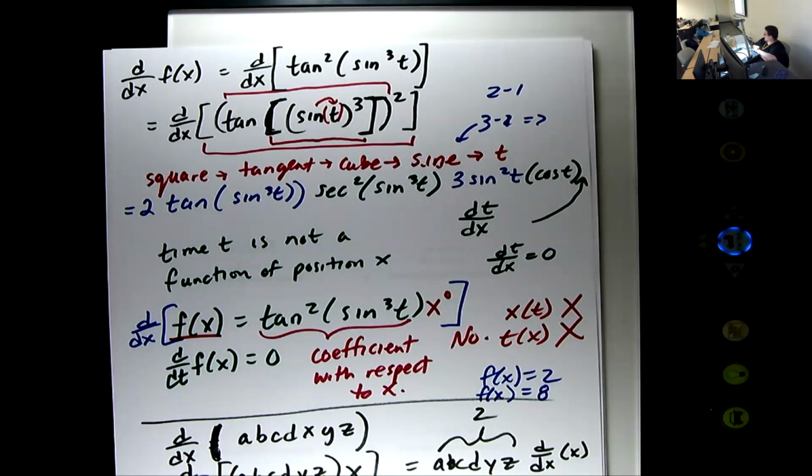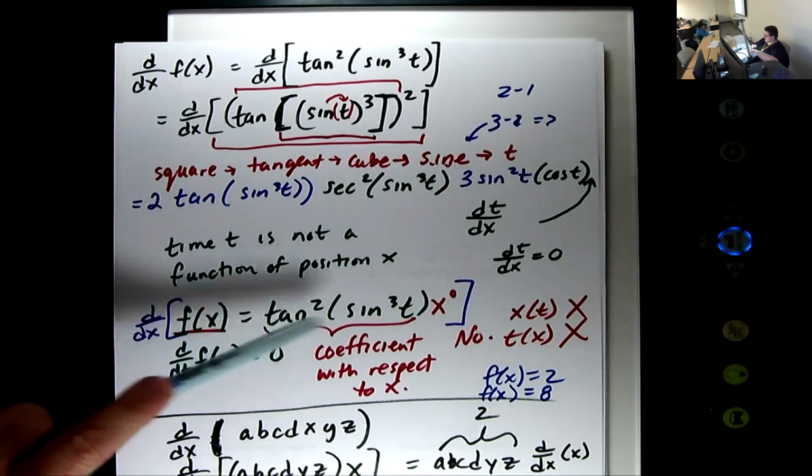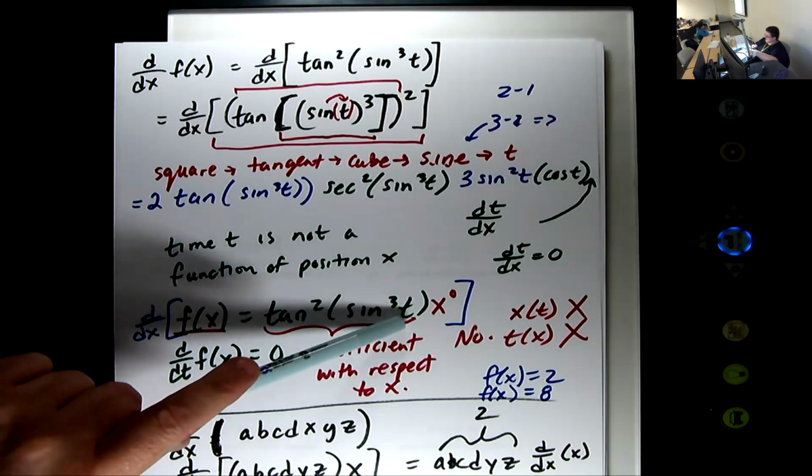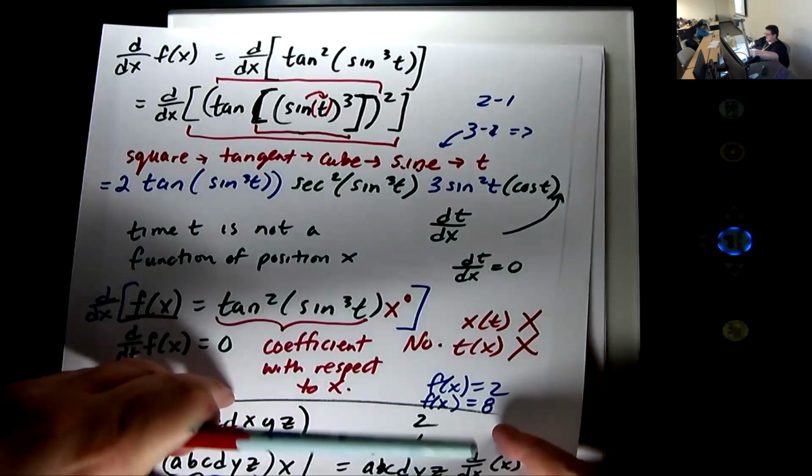Okay. That's an excellent question. The big takeaway is if it says it's a function of one letter and you don't see that letter, like you see a different letter, this letter is assumed to be a constant. Let me write this on the next page.